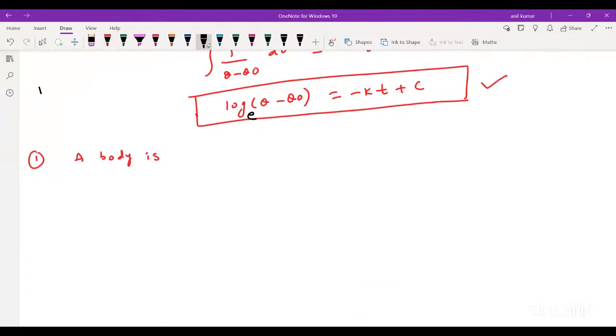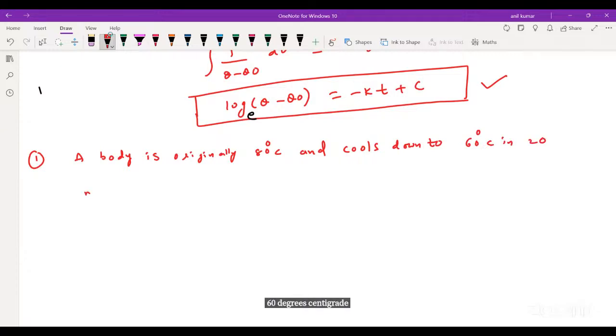A body is originally 80 degrees centigrade and cools down to 60 degrees centigrade in 20 minutes.